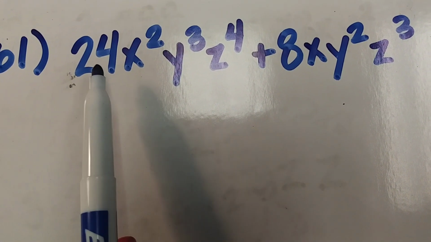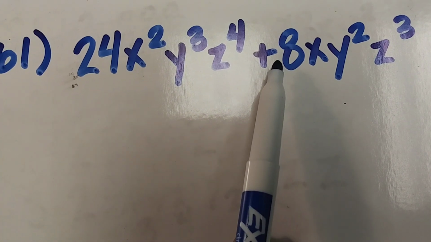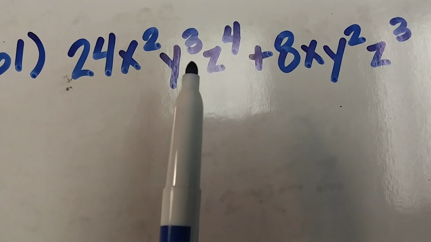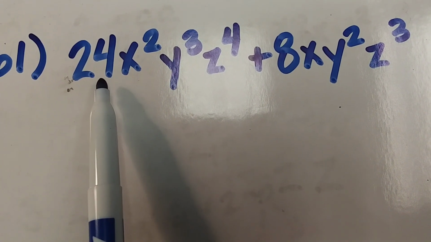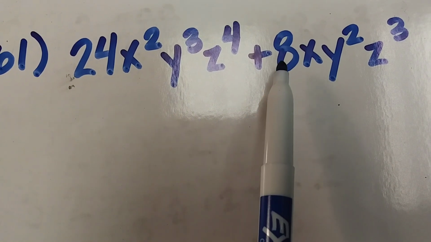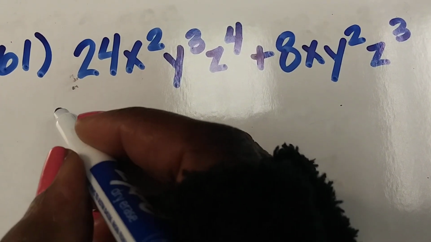Now, you can do some side work for your coefficients to see what they have in common, or we can think about those multiplication skills. I know 8 times 3 is 24, and 8 times 1 is 8. The common number was 8, so my GCF would be 8.